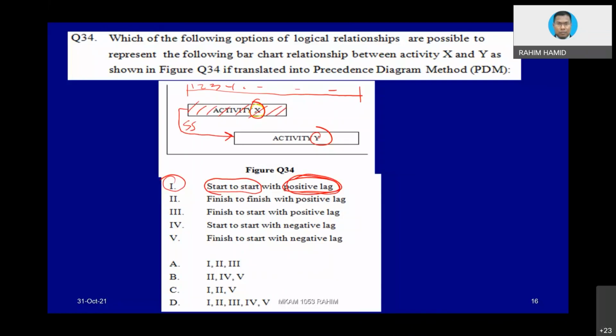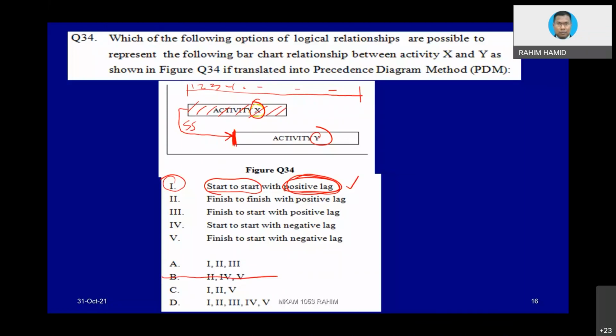Yes, it is possible because we already shift the starting of the following activity by whatever lag. So this is an accurate statement. So you already know one should be correct, so from the answer here, there is no possibility B. The rest you need to evaluate. Never mind, go into the second statement.